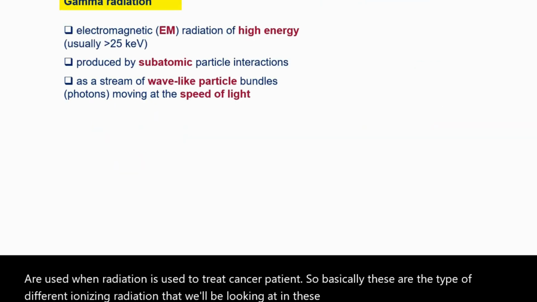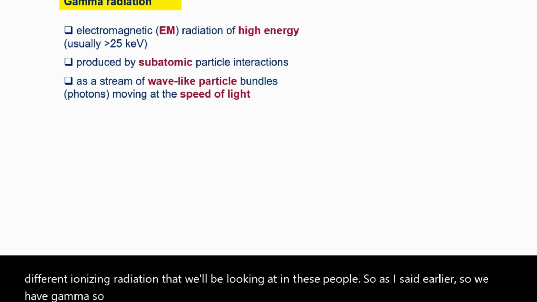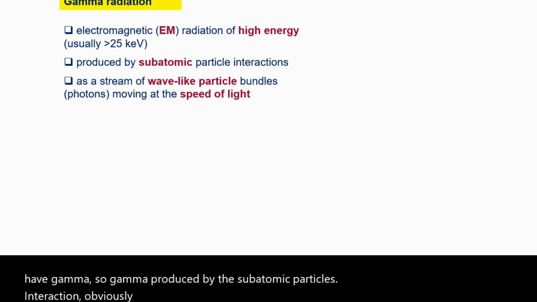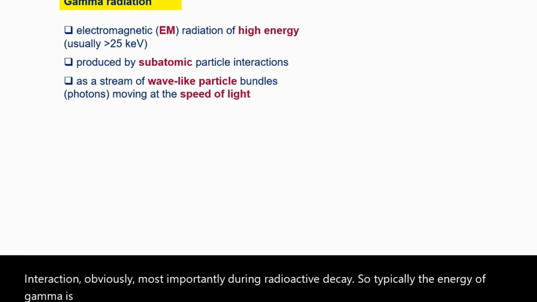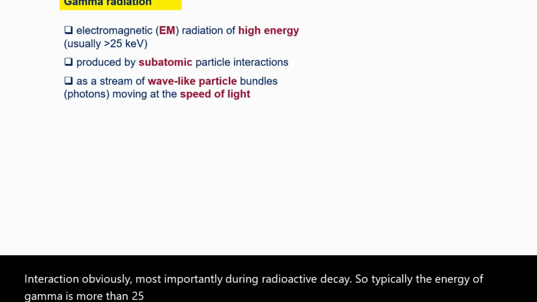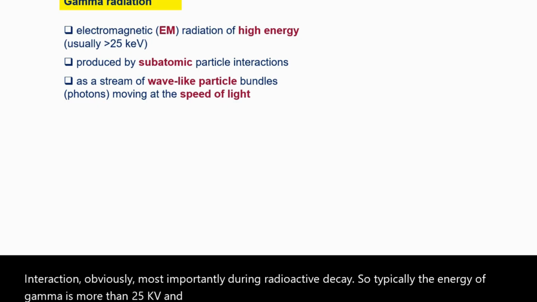So as I said earlier, we have gamma. Gamma is produced by subatomic particle interactions, most importantly during radioactive decay. Typically the energy of gamma is more than 25 keV, and it travels like wave-like particles.